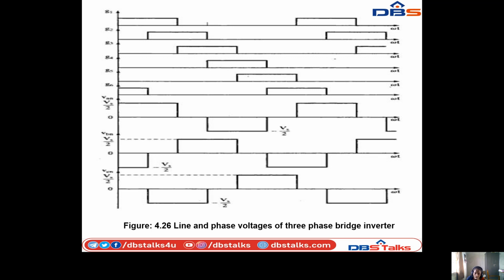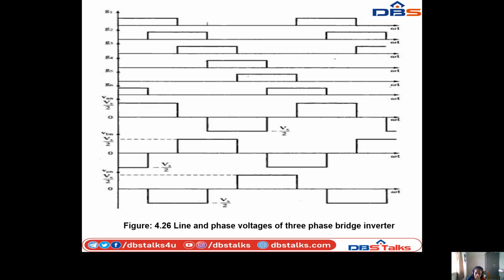Here six gate pulses will be there: G1, G2, G3, G4, G5, G6. At one instance, two devices will be conducting. At first the gate pulse will be G1 and another G2. From G1 to G6 the gate pulses will be given.